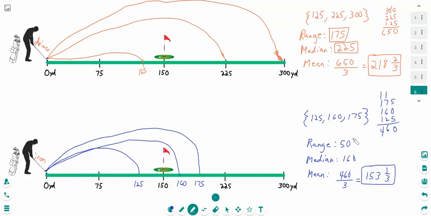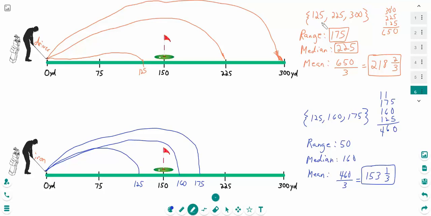All right. So based on the math behind all of this, what does it tell us? Well, look at the range. The range on our driver is fairly large. It's 175 yards. So if we're aiming for a 125-yard hole, we could be as much as 175 yards off of our mark.